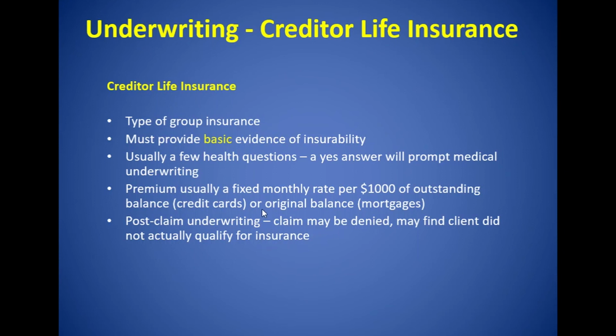So not ideal, but this is the way this operates. Because you get it with very basic evidence of insurability, you might find that the claims process tends to be a bit more challenging or more detailed. So that's all that I want to talk about on creditor group life insurance.